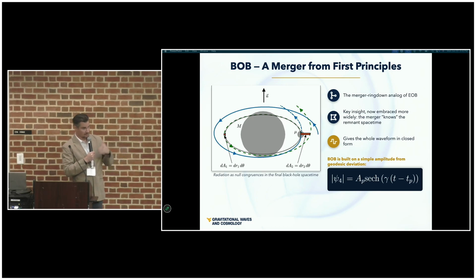If we're attaching to an inspiral, then the only thing you need to know is the end state, the remnant black hole that gets made after the merger. The key insight was that the merger knows where the spacetime is headed. It's locked into oscillating, much like the quasi-normal modes, in a set number of ways relative to the parameters of the final end state.